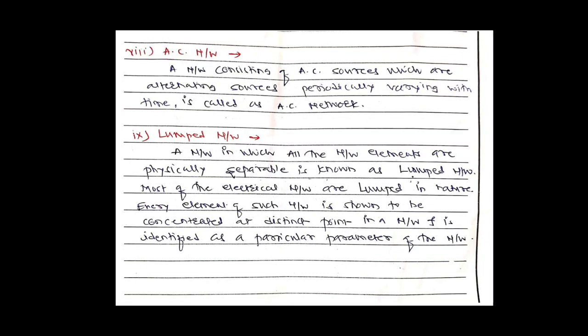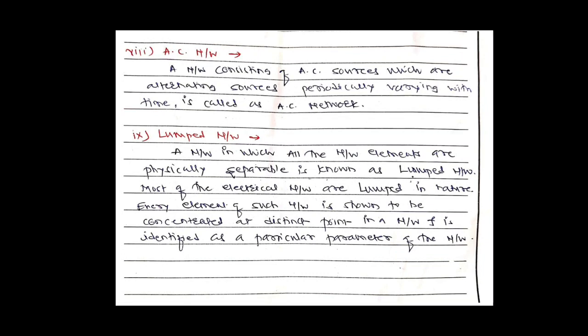The next network is a lumped network. A network in which all network elements are physically separable is known as a lumped network. Most of the circuit elements are lumped in nature. So every element of such a network is shown to be concentrated at a distinct point in the network and is identified as a particular parameter of the network.